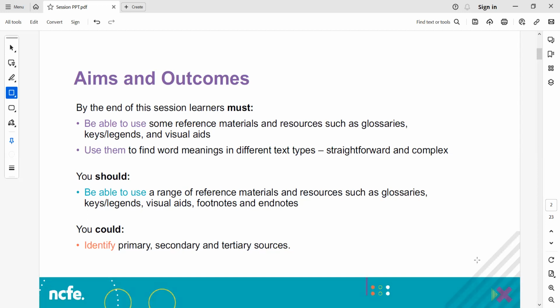You should also be able to use a range of reference materials and resources such as glossaries, keys and legends, visual aids, footnotes and endnotes, and you could identify primary, secondary and tertiary sources.